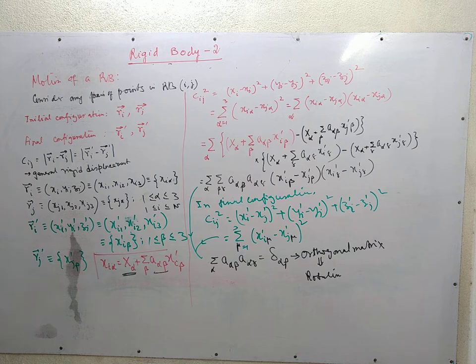That is, we have shown that to retain the rigidness of the displacement, the coefficients of transformation must satisfy the property of an orthogonal matrix, and an orthogonal matrix is one which represents the rotation. So the general motion of a rigid body is a combination of rotation and translation, which is known as either Chasles' theorem or Euler's theorem. So this is one important part of rigid body dynamics.